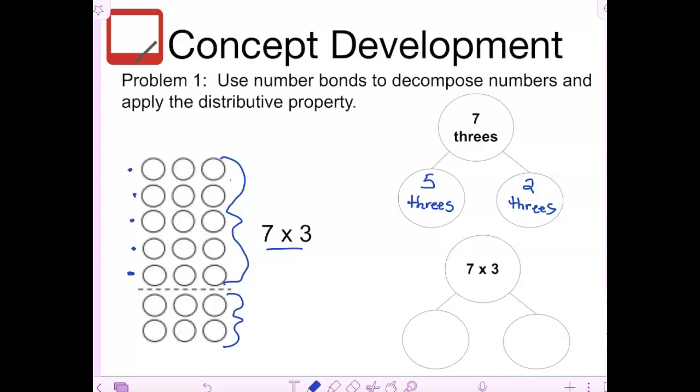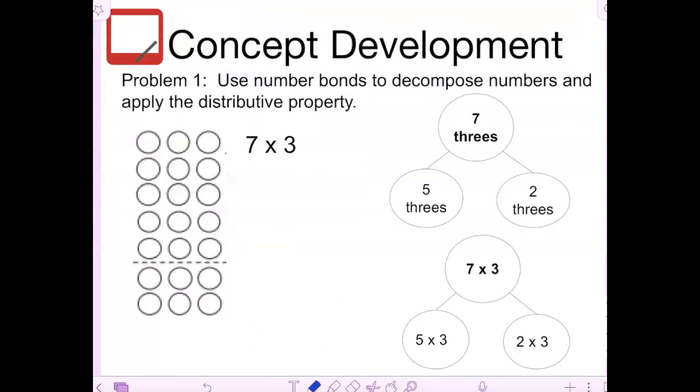And then we rewrite these decomposed numbers as multiplication facts. So that would be 5 times 3. We have 5 threes. And 2 times 3. Now, if we look on the next slide, we can see it broken down. There we have 5 times 3 and 2 times 3.